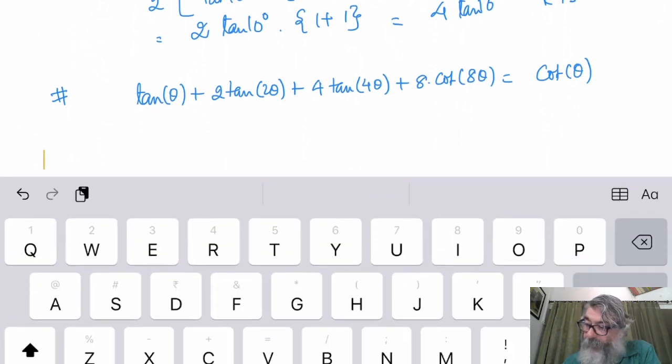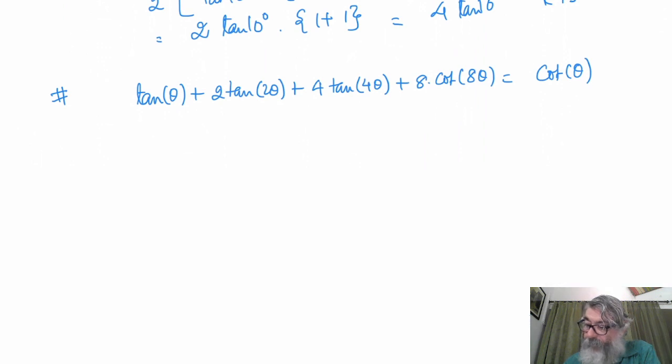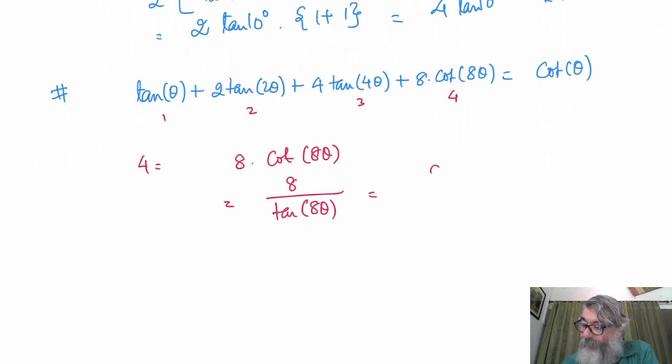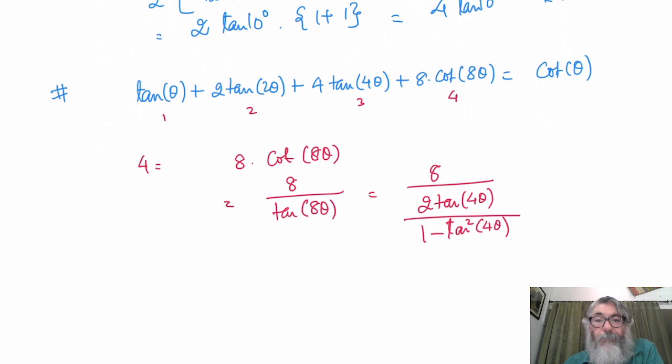Like 1, 2, 3, 4. I'll start with the fourth step. Fourth step is 8 cot 8 theta. I can write it as 8 upon tan 8 theta. Tan 8 theta will be written as 2 tan 4 theta upon 1 minus tan square 4 theta. Why is it so?